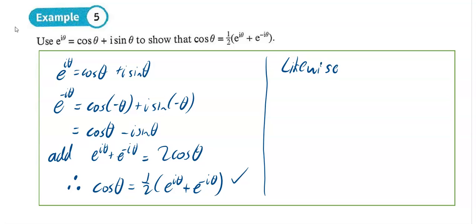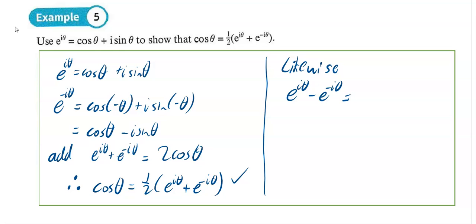Right, just while we're on this one, we'll look at how you would get what sine theta is. If we got the cos one by adding your e to the i theta and e to the minus i theta, what we're going to do this time is subtract. So do e to the i theta minus e to the minus i theta, and then what would you get?